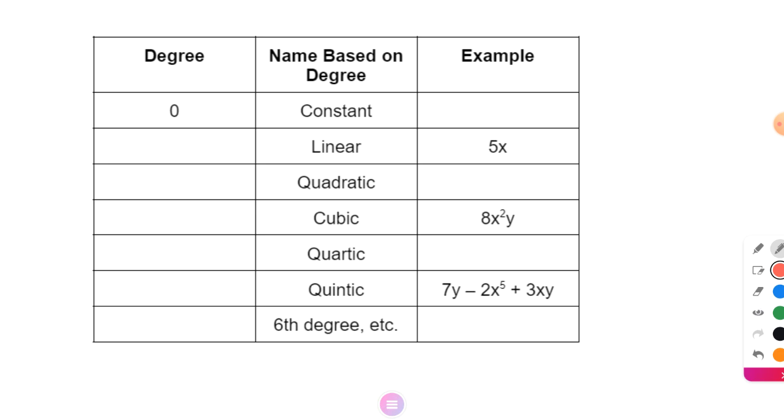All right, so if we name them based on their degree, a constant has degree 0. It's just a plain old whole number: 6, 12, 37. Something that's linear has degree 1, and an example of a linear term would be 5x, because remember there's that invisible 1 as an exponent.